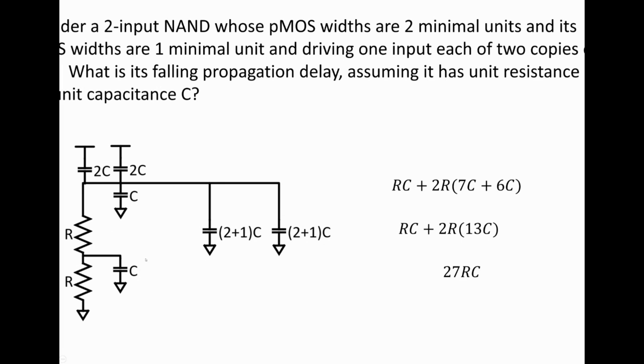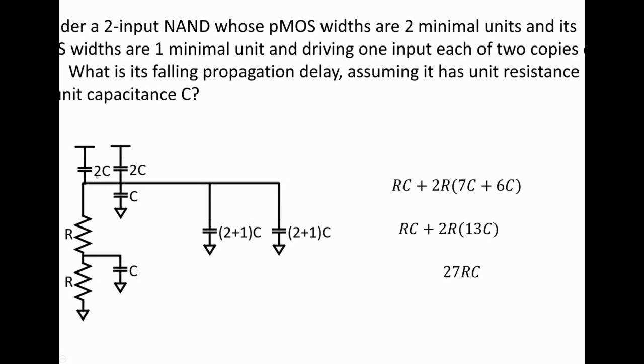But the thing that's confusing is that even though we only care about the pull down, you still have to consider the impact of the diffusion capacitance for the pull up transistors, because they are connected to the output line. So that part might be a little confusing. So let's see.